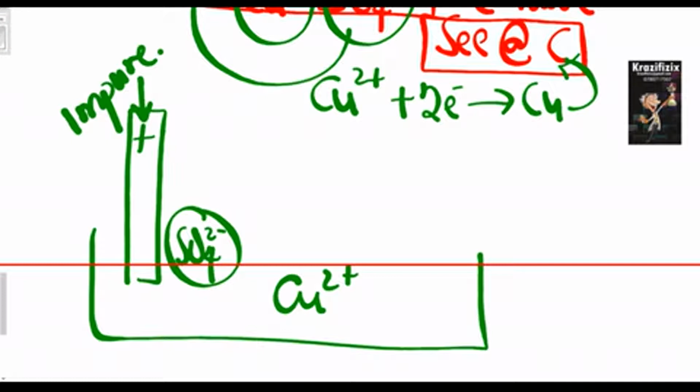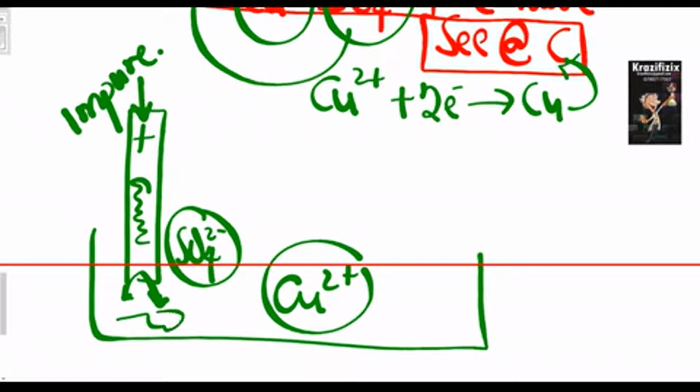Now, the impure here, since we have copper here now, all these metals would find a way of being dissolved into this solution. But copper will be oxidized into Cu2+.